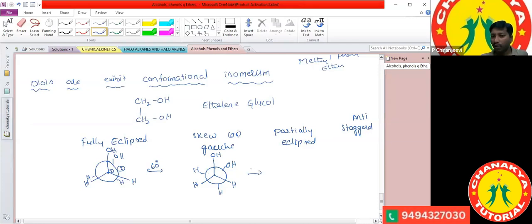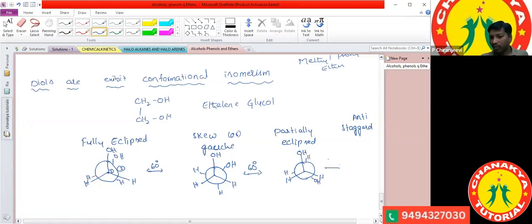Again, if you rotate one more 60 degrees, we can write like this. Here also H and H. Whatever OH is there comes again at this position. OH, here H, and OH, plus we will get an H here.